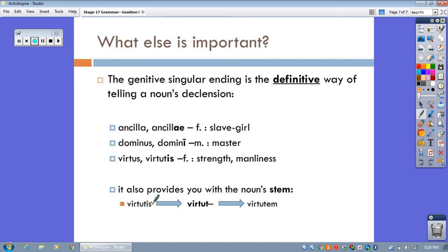I would chop off the genitive singular ending, and I'm left with this bold-faced thing here, virtut. That is the official stem of the noun. This is what I add the other endings to. And I know from my songs the accusative singular for third declension is EM, so I just add EM to the end of virtut, my noun stem, which again I got by chopping off the genitive singular.